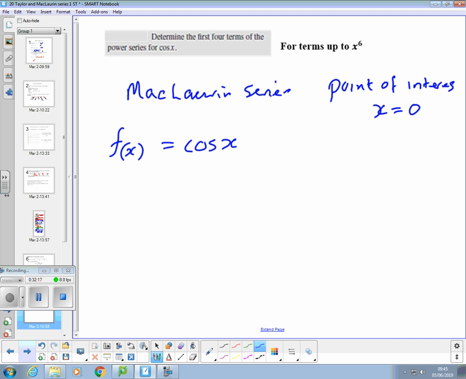So what we want over here is the value of that function when x is 0. What's the cos of 0? Our first constant is equal to 1.